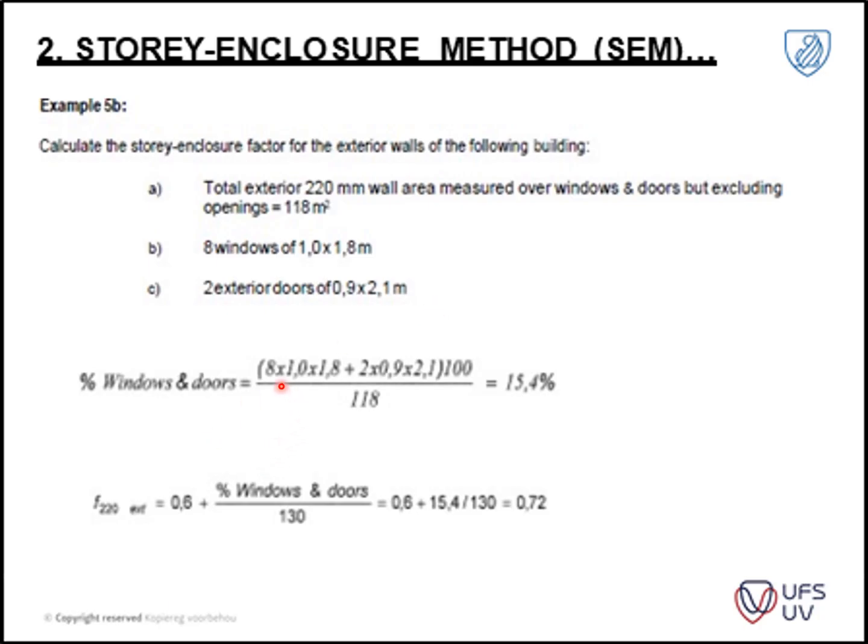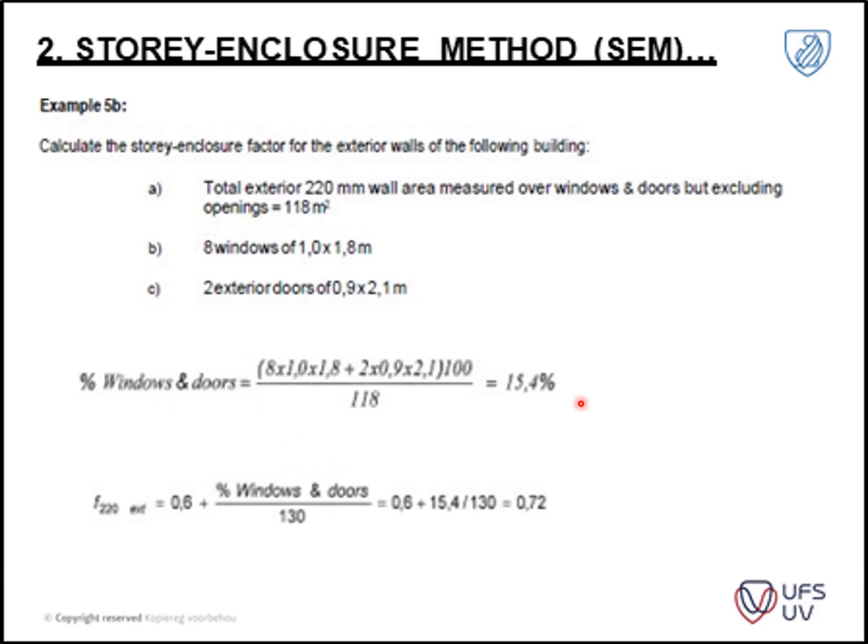So you calculate the percentage of windows and doors over the amount of exterior wall. You add up your windows and your doors, and you divide by your total wall area to get a percentage of windows and doors on the total enclosure.